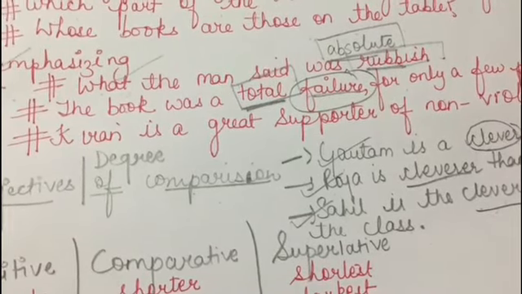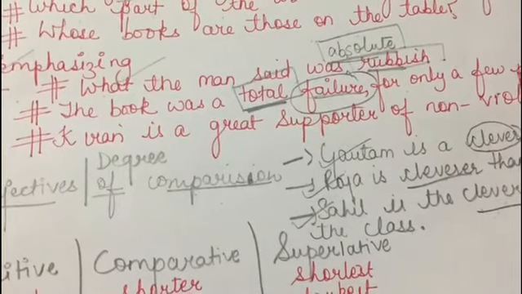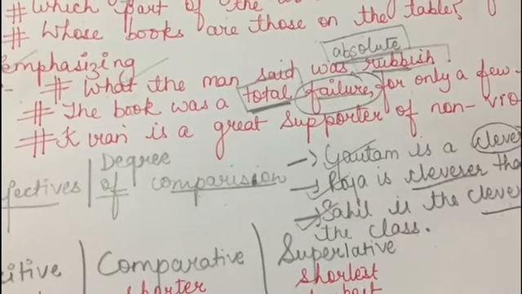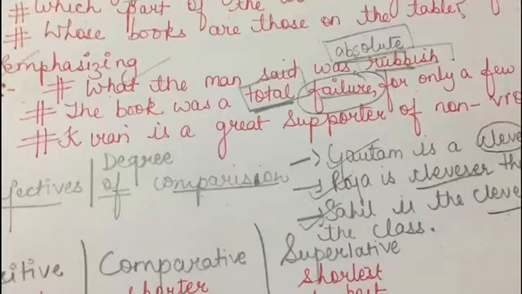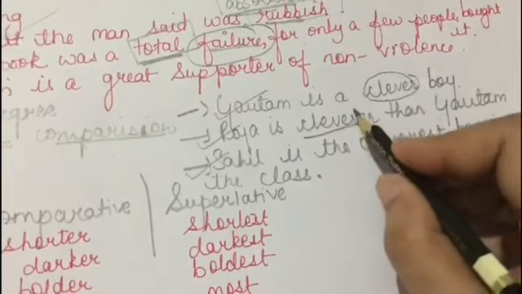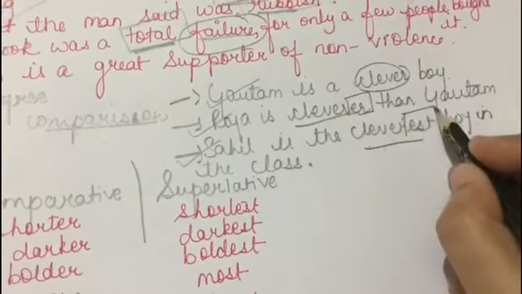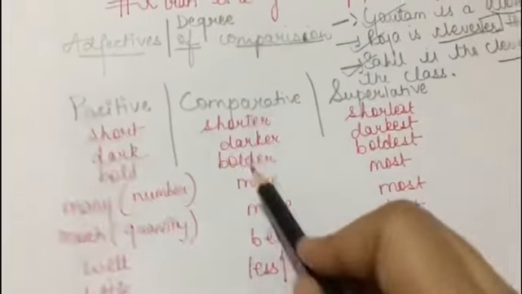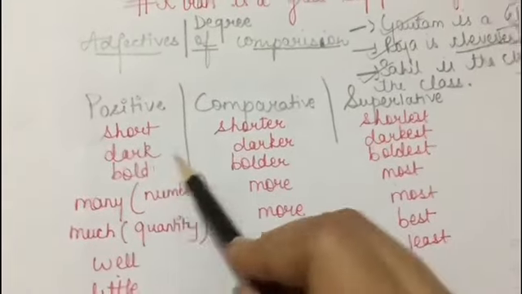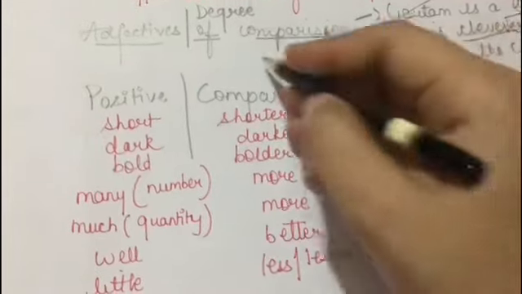As you have seen, the comparative degree is usually formed by adding ER, and the superlative is formed by adding EST. So now we'll be focusing on the three degrees of adjectives: positive, comparative and superlative.